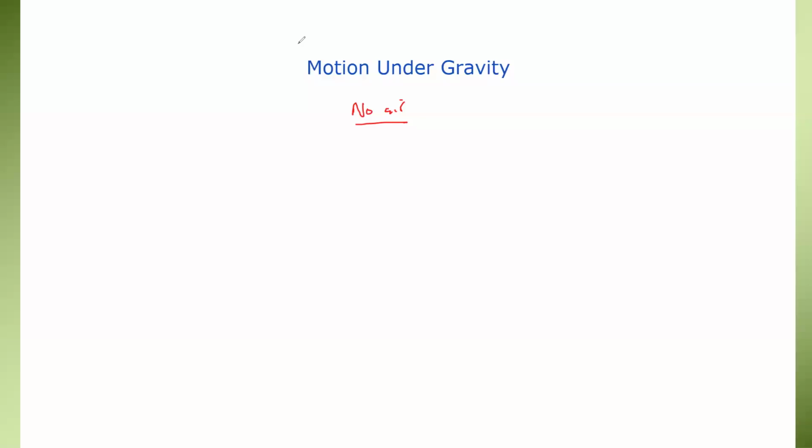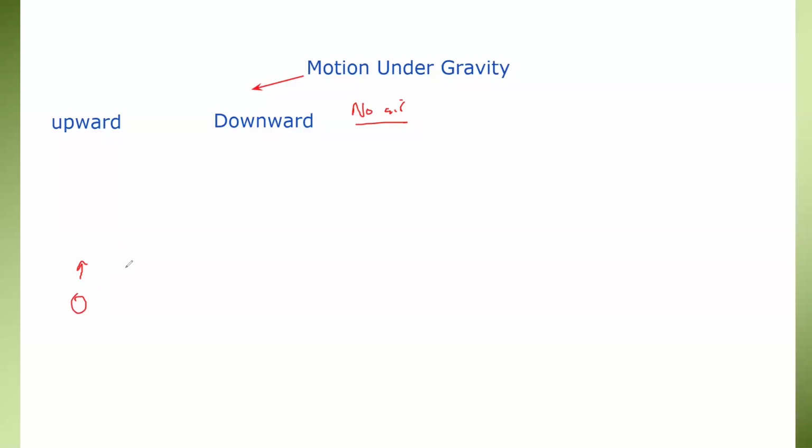If we separately or independently solve the question for the upward and the downward motion, an object is launched vertically upward.